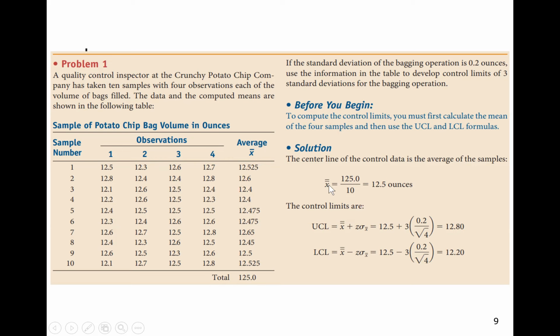So X double bar means 125 divided by the number of samples. How many samples are here? 10 samples. So the average of the averages, the average of the average sample values, is 12.5 ounces.